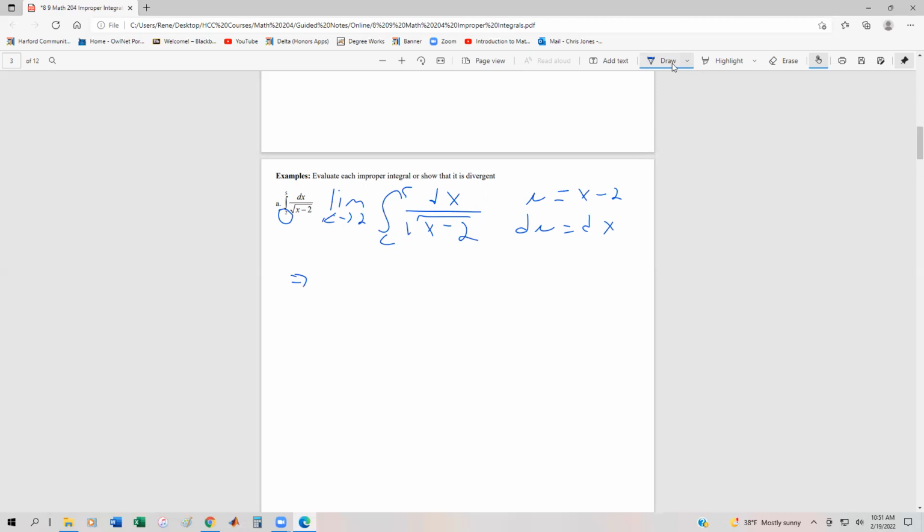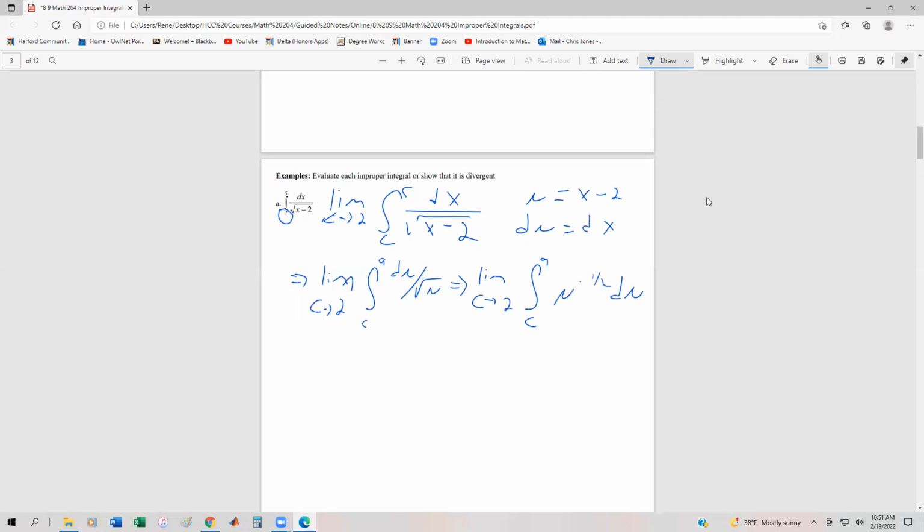When we evaluate this, it's the limit as c approaches 2 of the integral, now from c to a because we're changing bases, in terms of u, of du over the square root of u. That's the same as the limit as c approaches 2 of the integral from c to a of u to the minus 1/2 du.